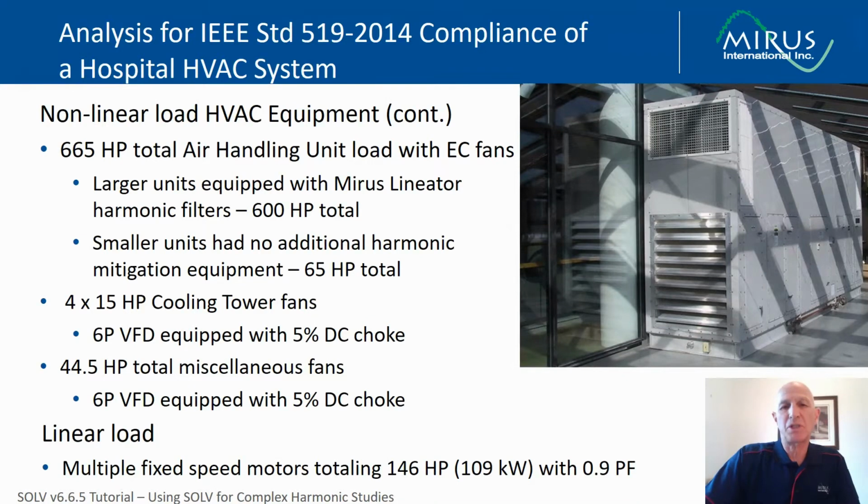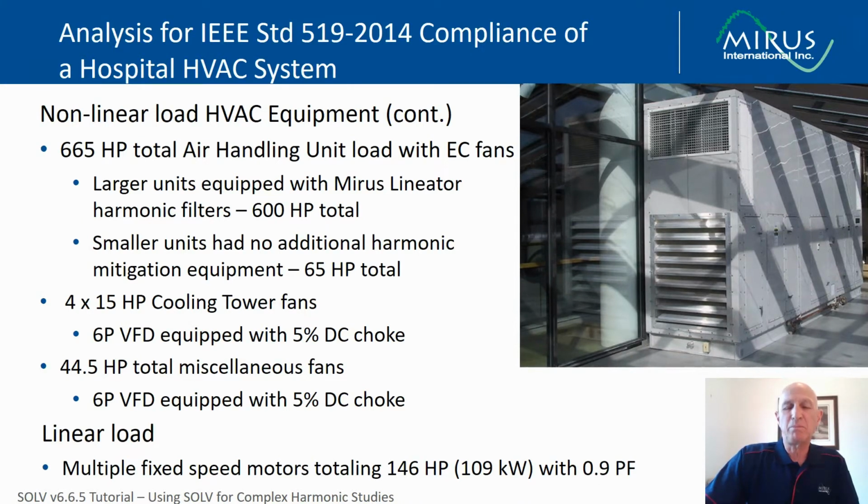For the smaller units, there was no additional harmonic mitigation equipment added, and that was about 65 horsepower. There were 4 15 horsepower cooling tower fans. They were 6-pulse VFDs equipped with 5% DC chokes. There was 44.5 horsepower of total miscellaneous fan loads. They were 6-pulse VFDs equipped with 5% DC chokes as well.